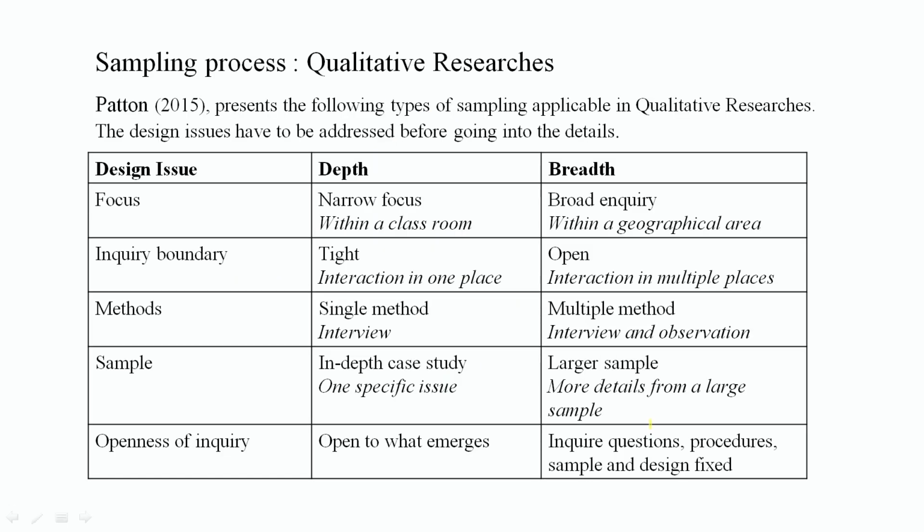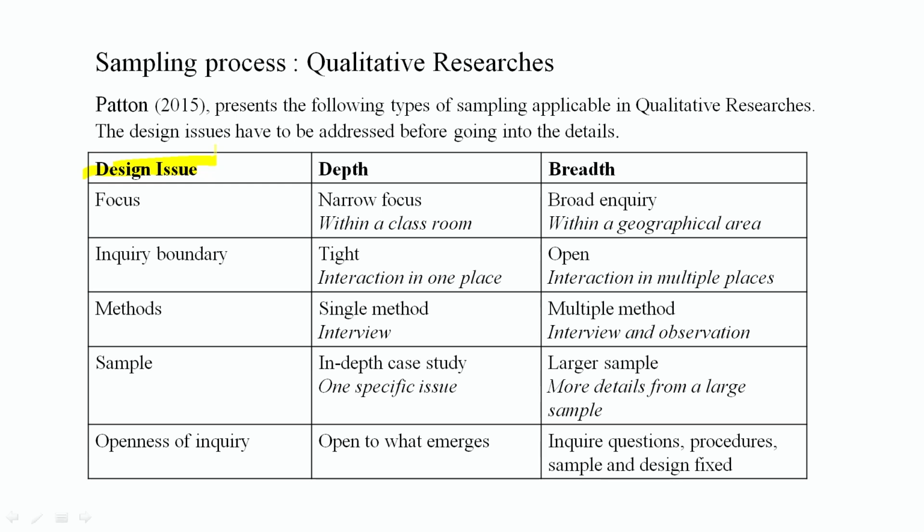I quoted Patton when we studied qualitative research. According to Patton, there are certain issues which a researcher faces when you go for data collection. This table divides the total information into three different areas. One is design issues, which you find here, and the breadth and depth of your research.